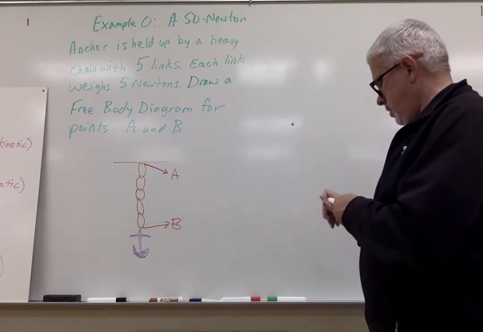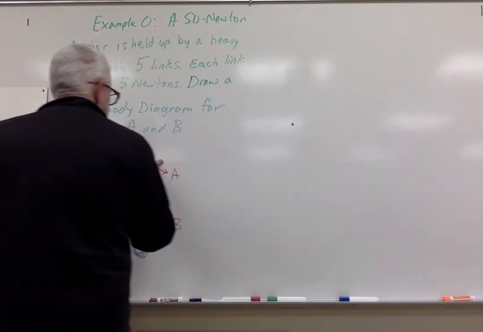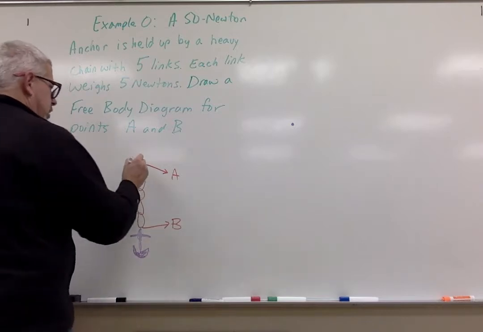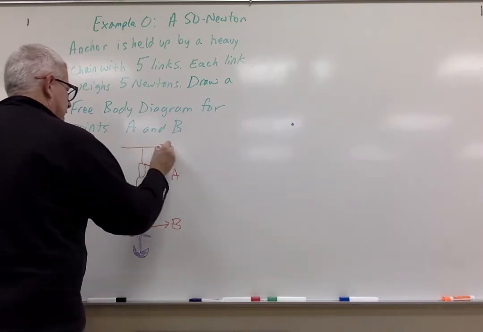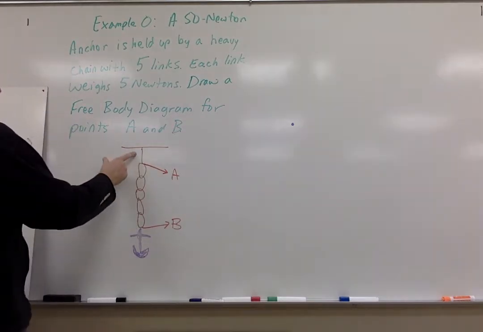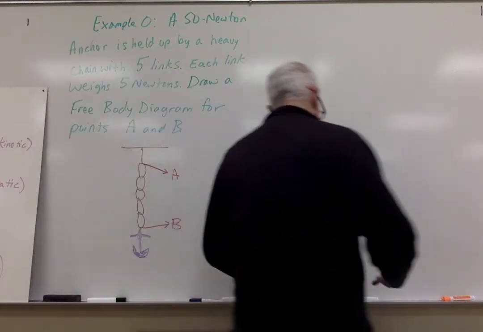Actually, what I should do is redraw this because it's a little unclear whether the tension force is going up or down. So if this is now a light string and that's the ceiling, it should make sense that the tension force has to be acting up. The gravitational force on those objects down there would be acting down.